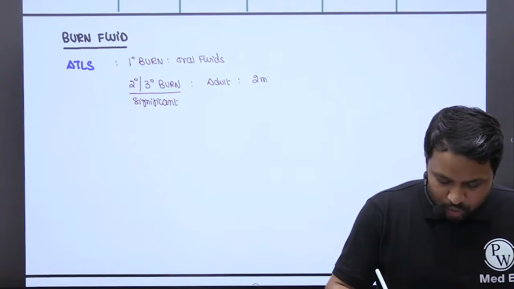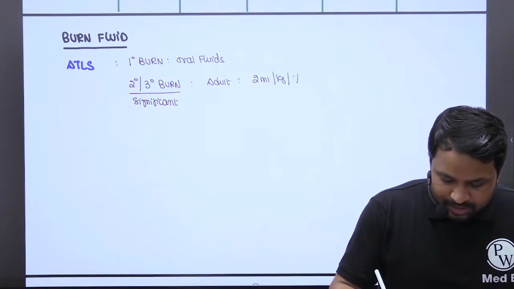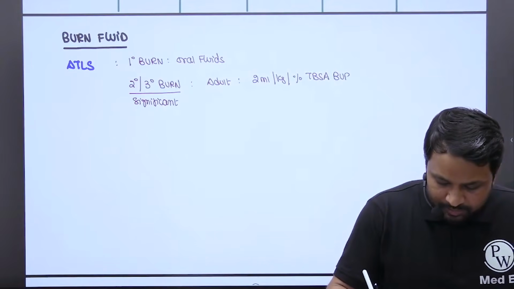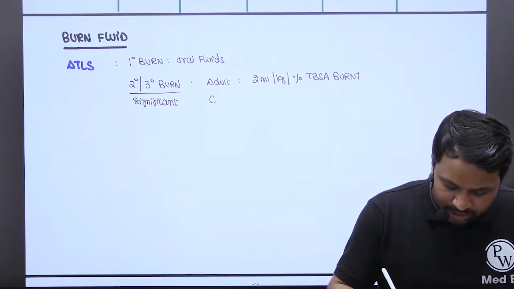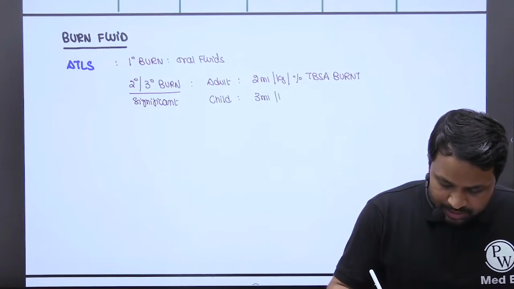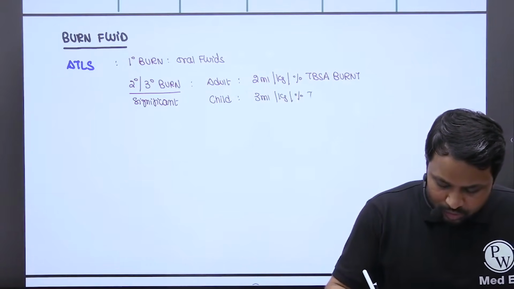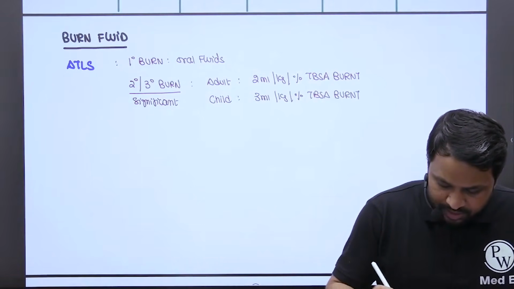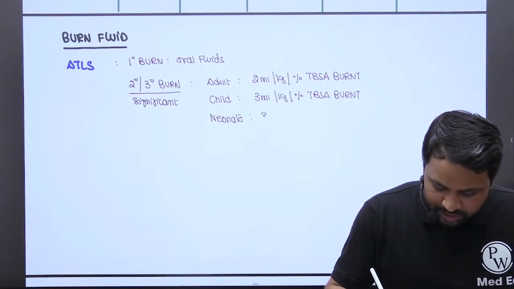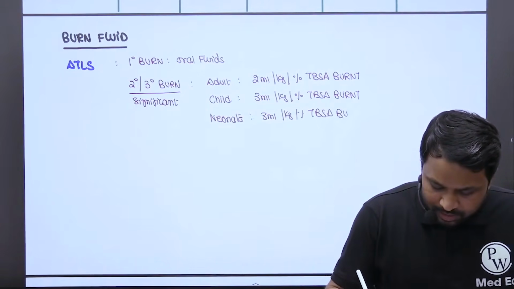It is going to be 2 ml per kg per percentage of total body surface area burnt. But if it is a child, then it is going to be 3 ml per kg per percentage of total body surface area burnt. If it is a neonate, it is also 3 ml per kg per percentage of total body surface area burnt.